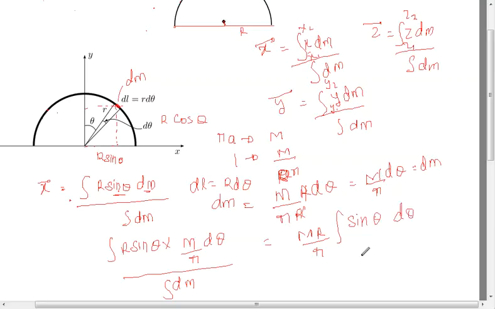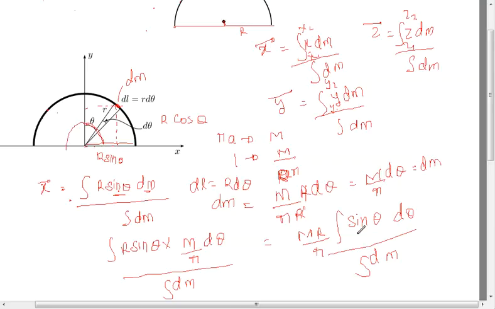Now guys, next step is we have to put the limit. Here dm is basically the total mass. So now we have to put the limit. To cover the whole mass, we have to move from here, look at this, how I am moving from here to here, then I will cover the whole mass.